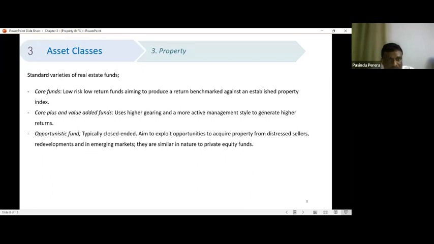And the opportunistic fund is typically close-ended again. You buy properties at a very distressed valuation from distressed sellers, redevelop them to create more value, and after some time sell at a high valuation and get a good return.